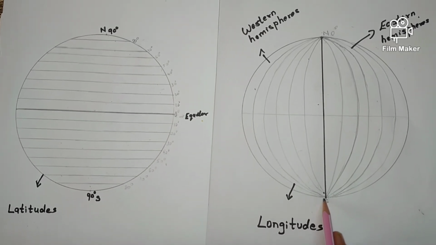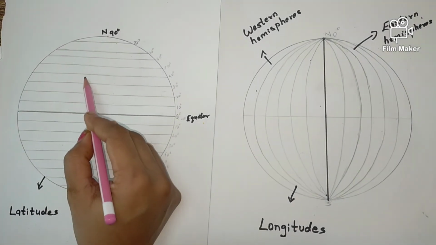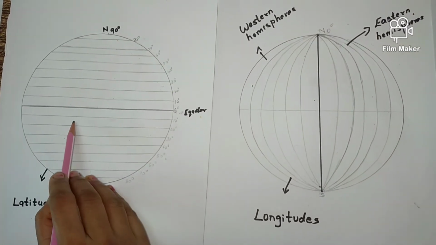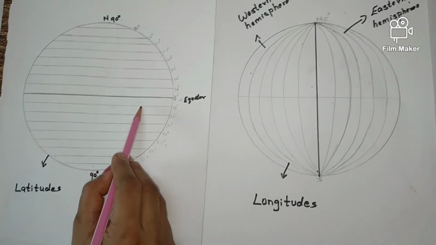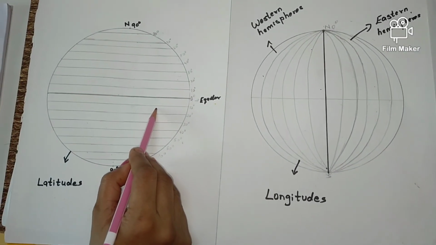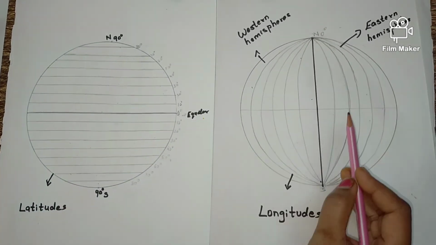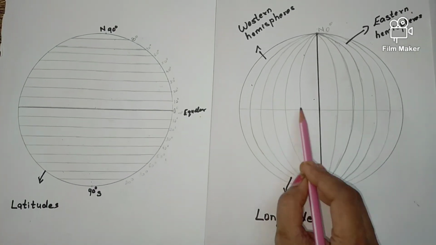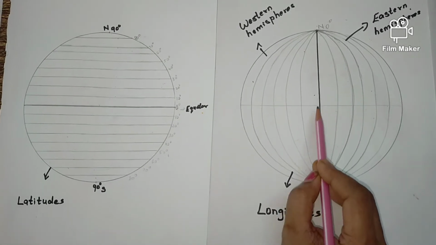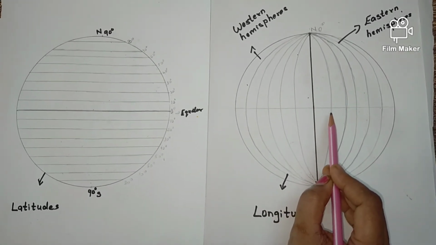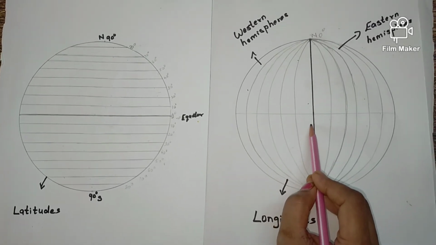Now see, the distance between any two adjacent parallels is 111 kilometers on the surface of the Earth. In the same way, the distance between two adjacent meridians is also 111 kilometers on the equator.